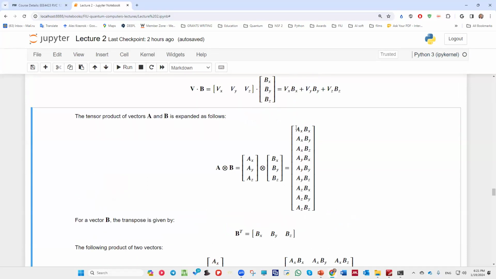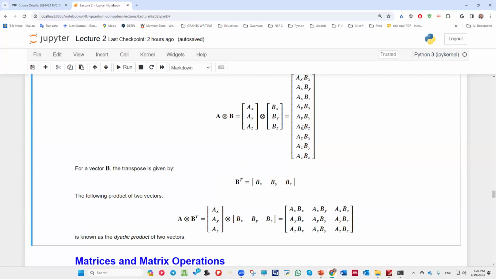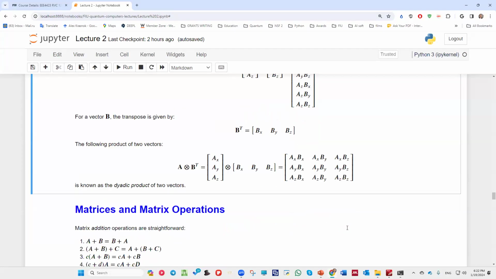Instead of a vector of 9 components, you get the matrix of 3 by 3, written like this. So this is another way to create a tensor.